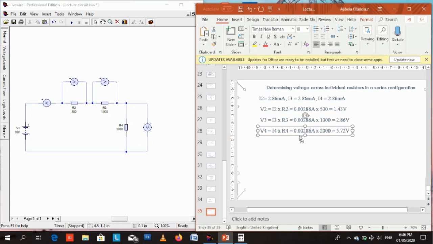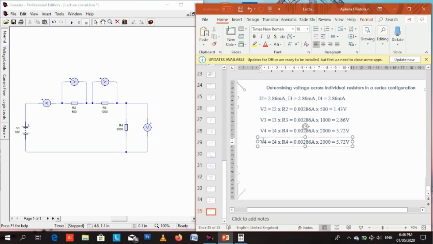So for resistors in series, the voltages across each resistor are different, but the current through them is the same. We've proven that by calculating the individual voltages, and also by running a virtual experiment on the LiveWire virtual laboratory.